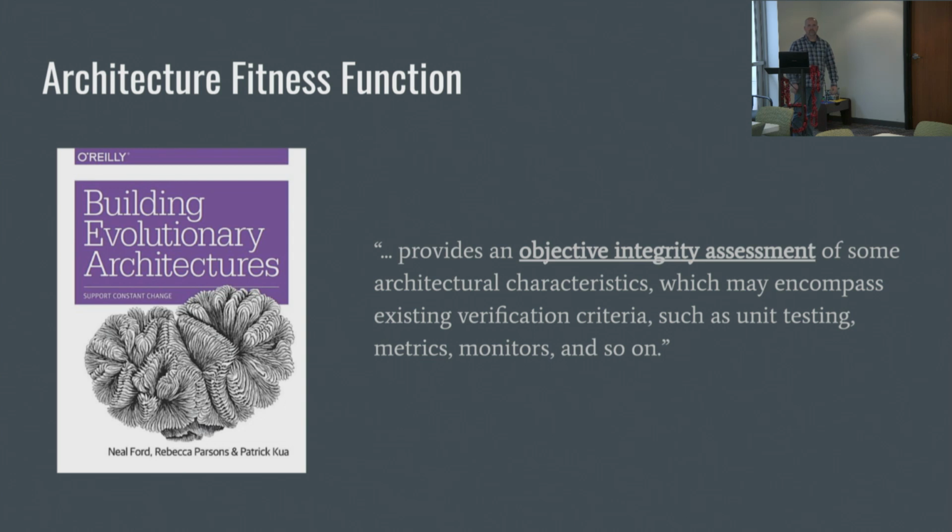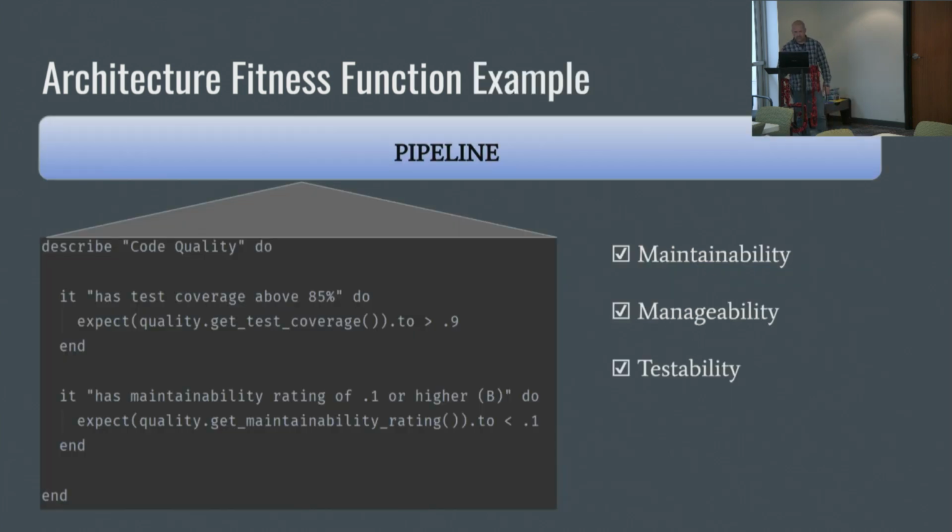So basically, we just want to test things. We want to measure them objectively to make sure that we're hitting our goals, that we're meeting the client's requirements for these ilities. To give you an example, I might put a slot in my pipeline if I want to test for maintainability, manageability, and testability.